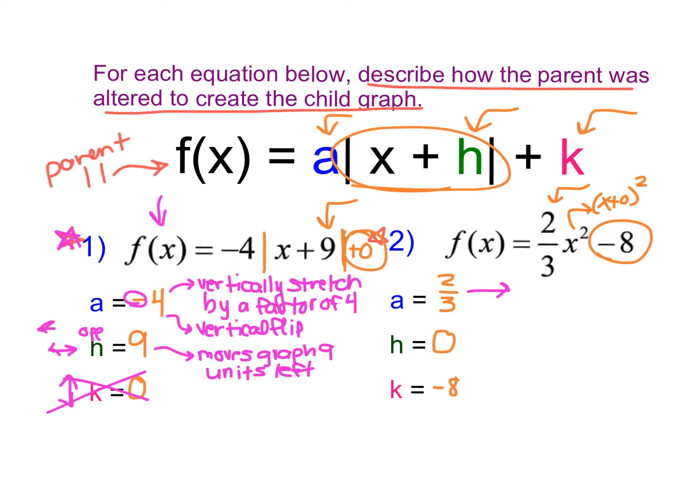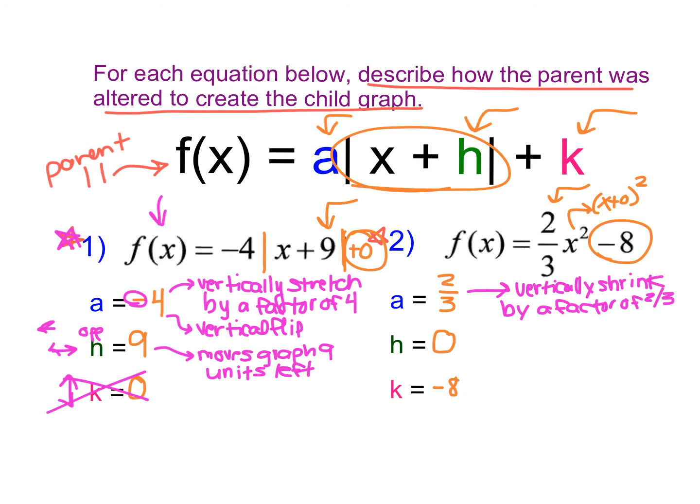So what this means is we're going to shrink our graph to have 2/3 of the height that the parent graph has, which means we're going to vertically shrink this parent graph by a factor of 2/3. So we're going to make it 2/3 as tall.